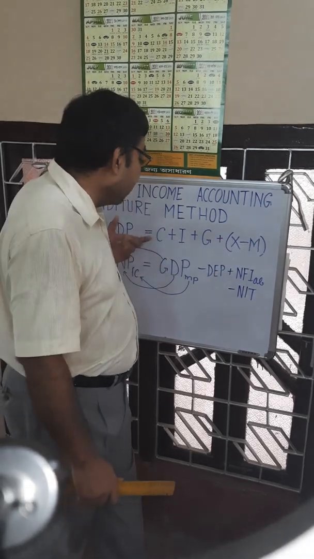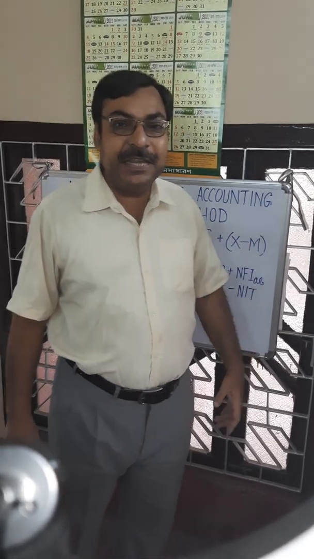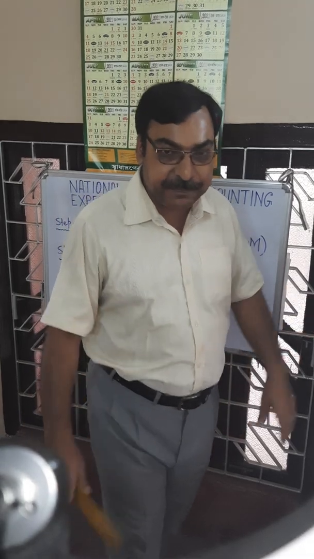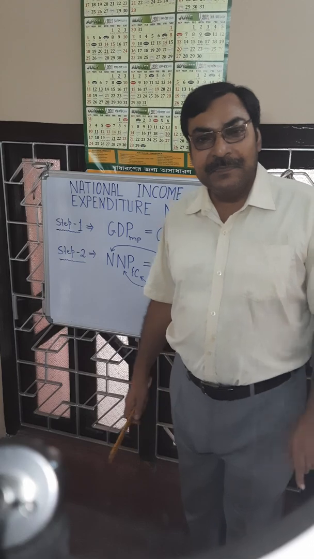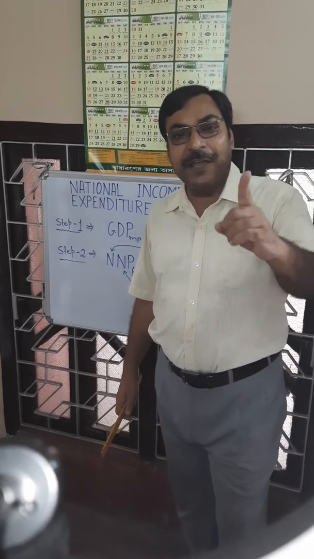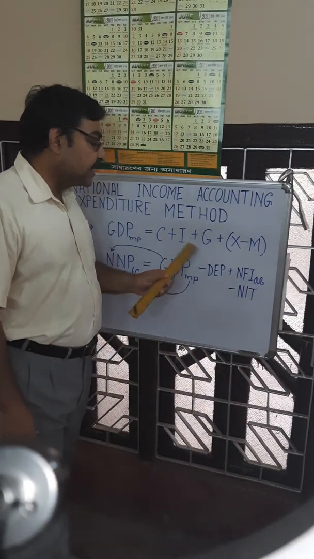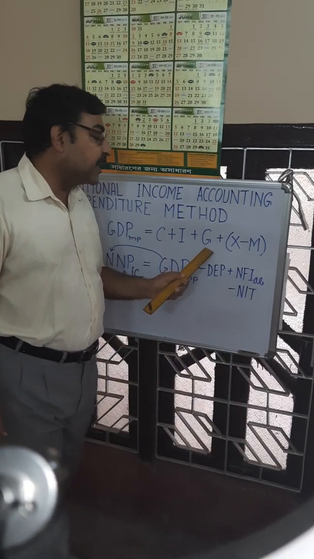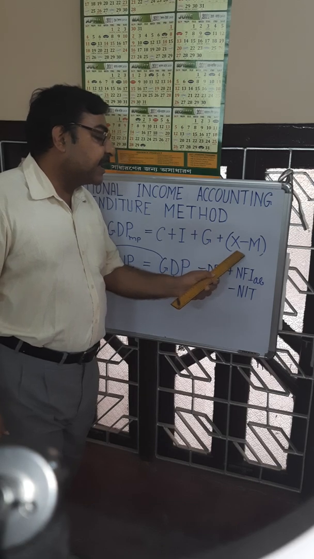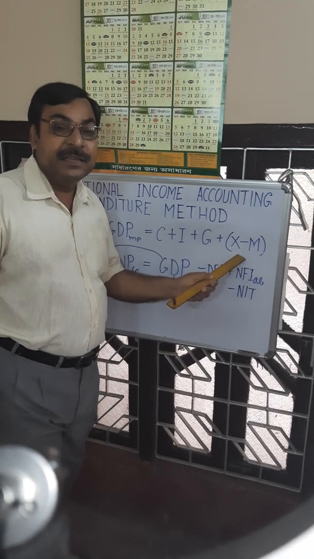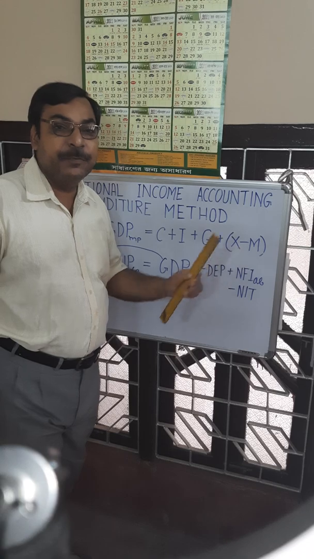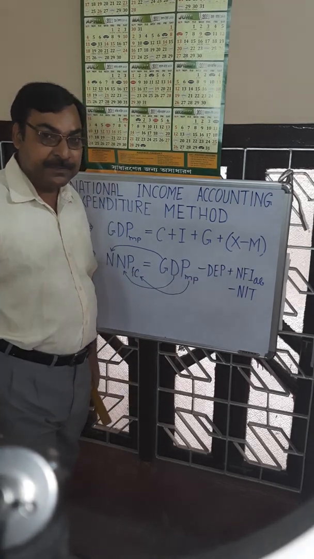So these are the four important components in the expenditure method. In the first step, C plus I plus G plus X minus M. C for private final consumption expenditure, I for gross domestic capital formation, G for government final consumption expenditure, X minus M for net export in the economy.